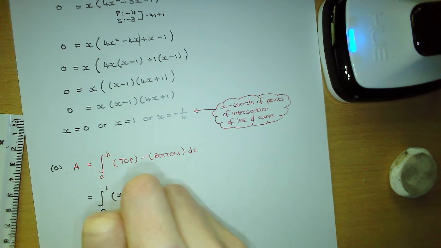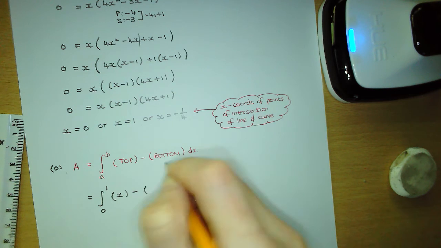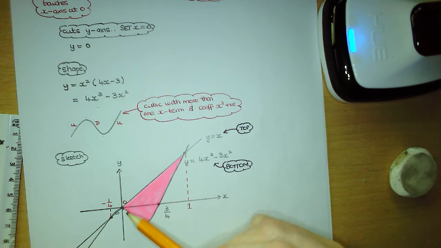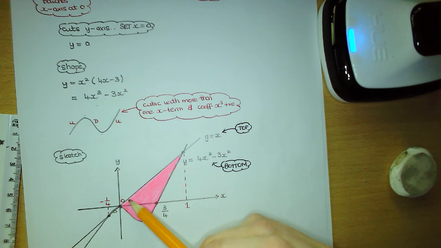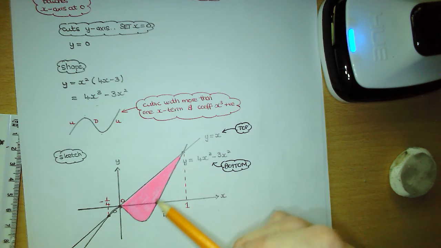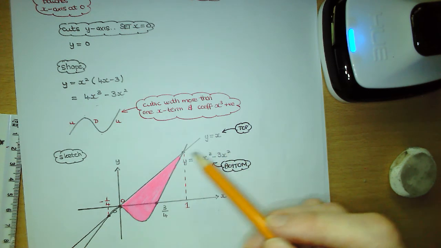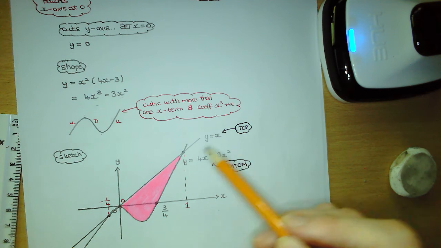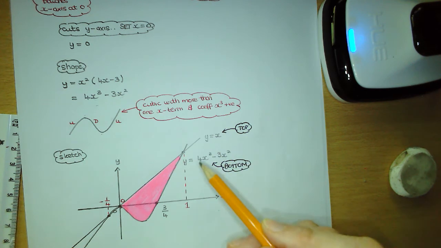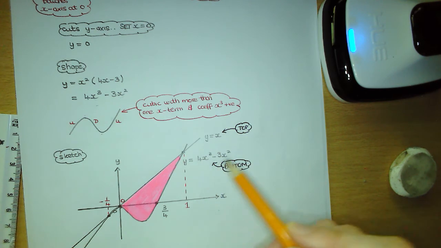Close brackets, subtract, and then open brackets, bottom. So again, what curve is immediately below the area? So immediately below the area is this curve here, which is y equals 4x cubed minus 3x squared. So again, we're going to sub in the non-y terms of that curve.